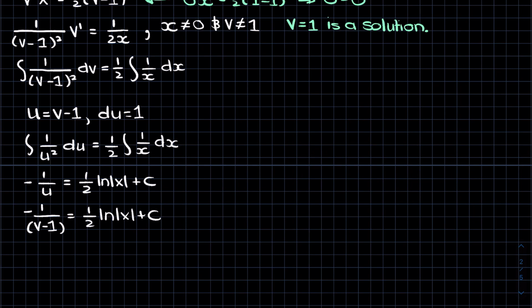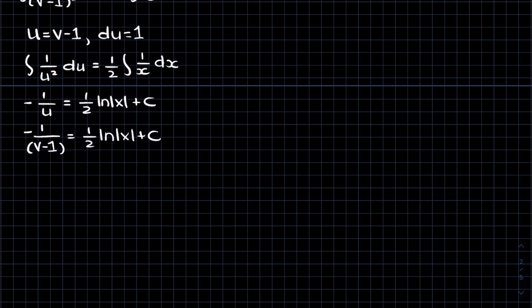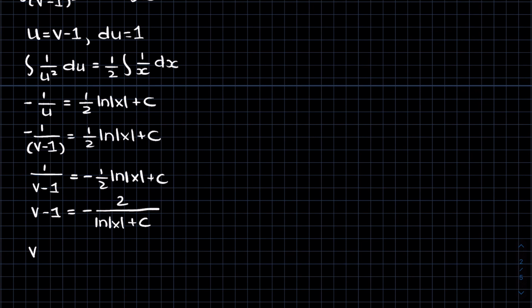Now what we want to do is solve for v here. So we can say 1 over v minus 1 equals, and we'll move the negative sign to the other side, minus a half natural logarithm of x plus c, and then we'll just take the inverse of this, so we'll get v minus 1 equals minus 1 over, that will actually be 2 on top there, so we'll get minus 2 over natural logarithm of x plus c, then we'll get v equals 1 minus 2 over natural logarithm of x plus c.